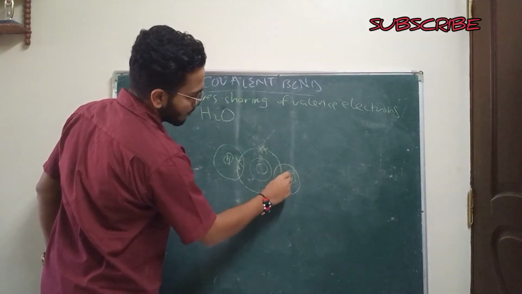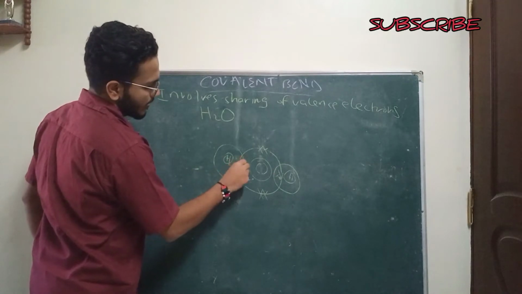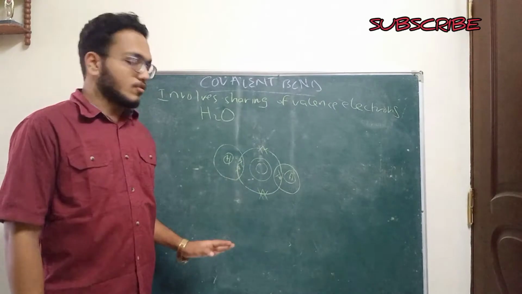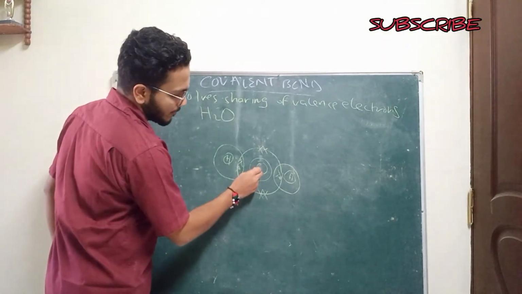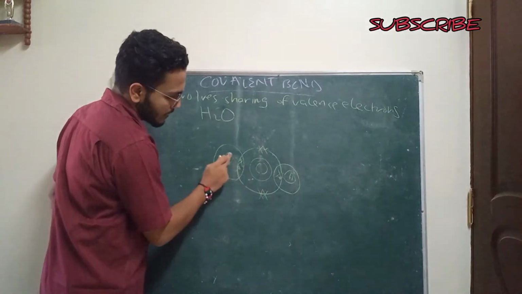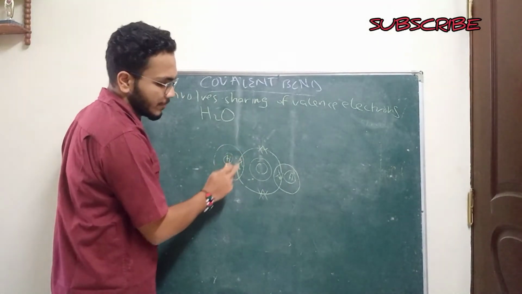Then you bring these crosses in the middle. Note the sharing pair of electrons must be written in between the nuclei of the atoms. The nucleus of oxygen and the nucleus of hydrogen, the electrons are written in between the space.